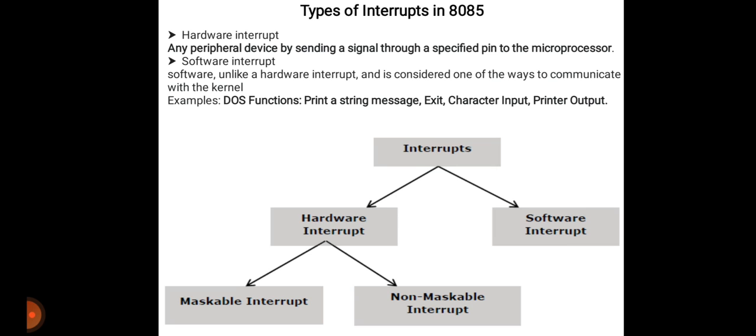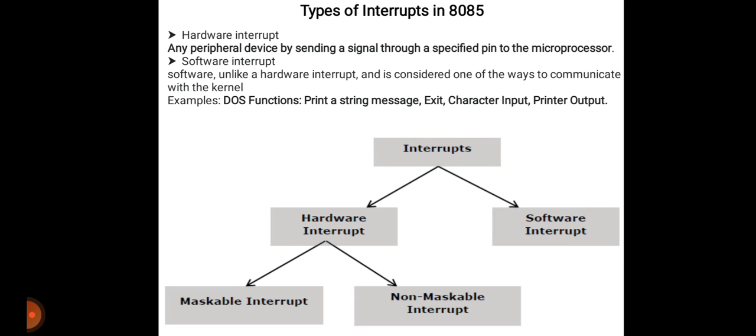The next one is software interrupt. In a software interrupt, the cause of the interrupt is the execution of an instruction. These are special instructions supported by the microprocessor. After this instruction, the microprocessor completes the execution of the instruction it is currently executing and transfers the program control to the subroutine program.